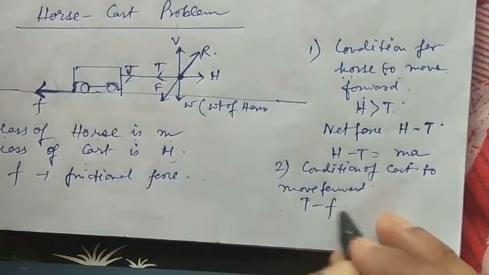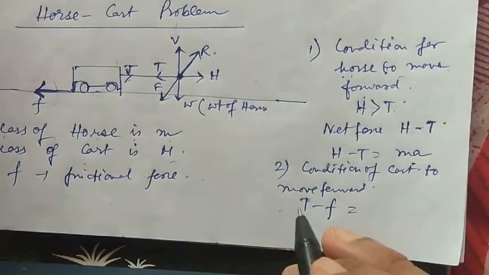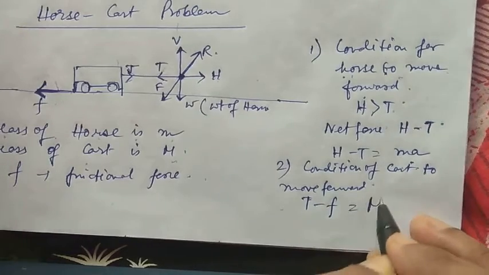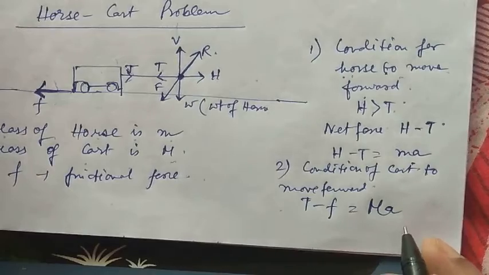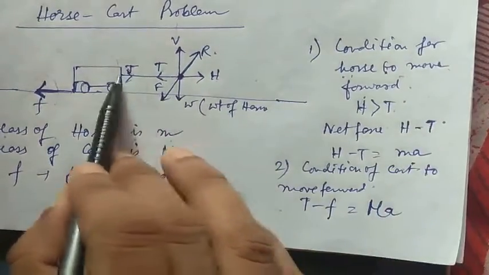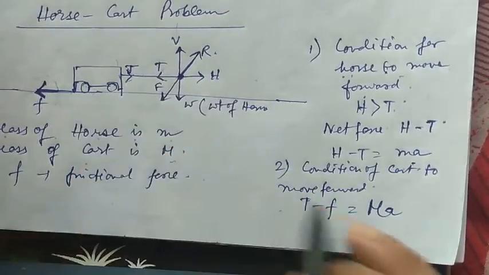So T minus F is the net force acting on the cart, and if the cart is moving, that means it has started to move with an acceleration, it becomes equal to Ma. Now the acceleration should be the same for both. If the string is tight here, the horse's acceleration and the cart's acceleration must be the same.